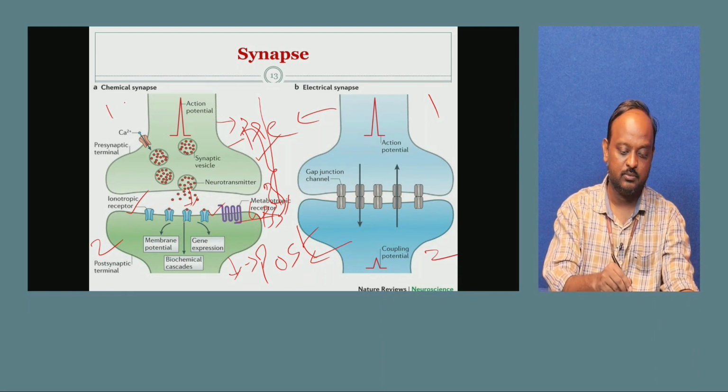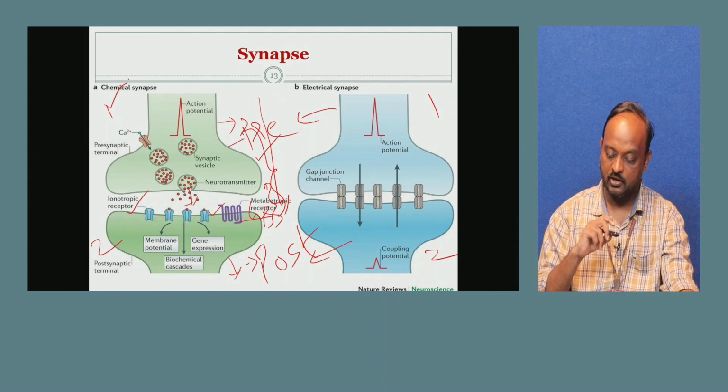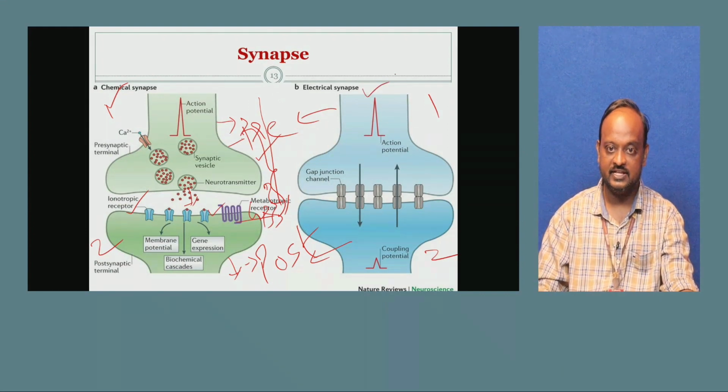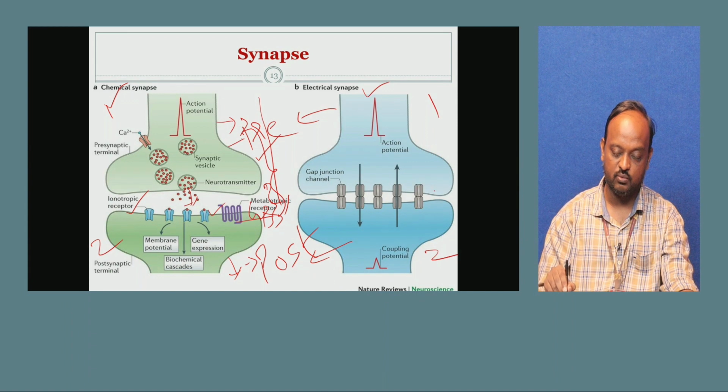So this is about the chemical synapse, and what you see here is the electrical synapse. In the case of an electrical synapse, there is no space between one neuron and another neuron, and there is a direct connection between the first neuron and the second neuron.